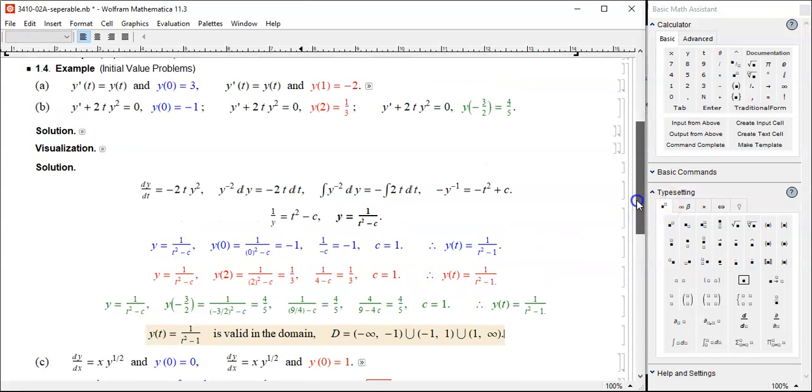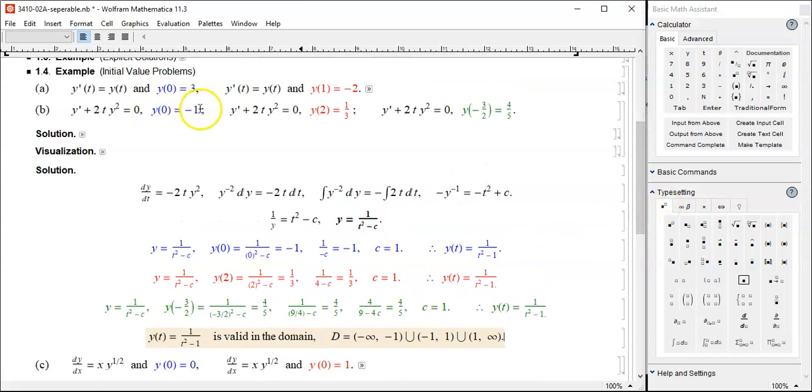And then let's go back to these initial conditions. This blue condition, t equals 0, came from here. And the red condition here, y of 2, so t equals 2, came from the third interval. And then t equals negative 1.5 came from the first interval.